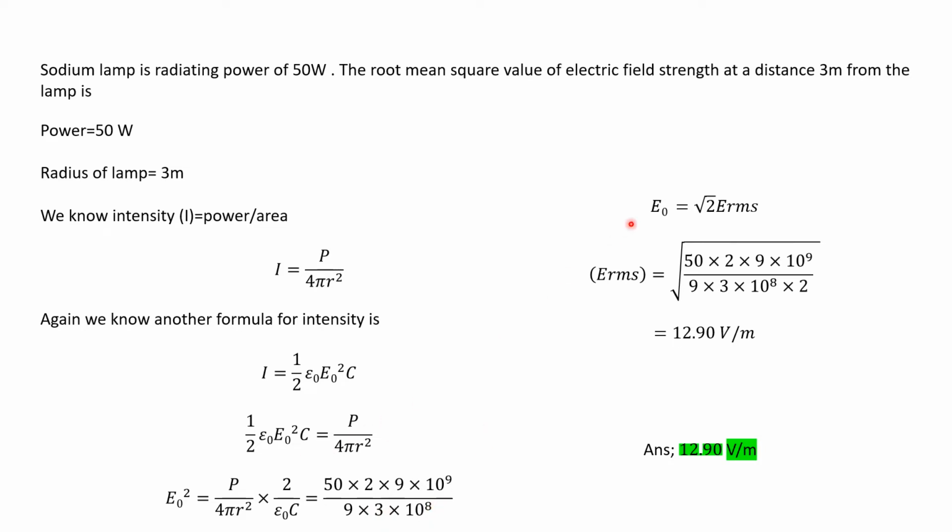Again we know that E naught is equal to root 2 E RMS. The question is asking for the root mean square value of electric field strength, so we have to find E RMS. By putting this value in this equation we find it as 12.90 volt per meter. So the answer is 12.9 volt per meter.